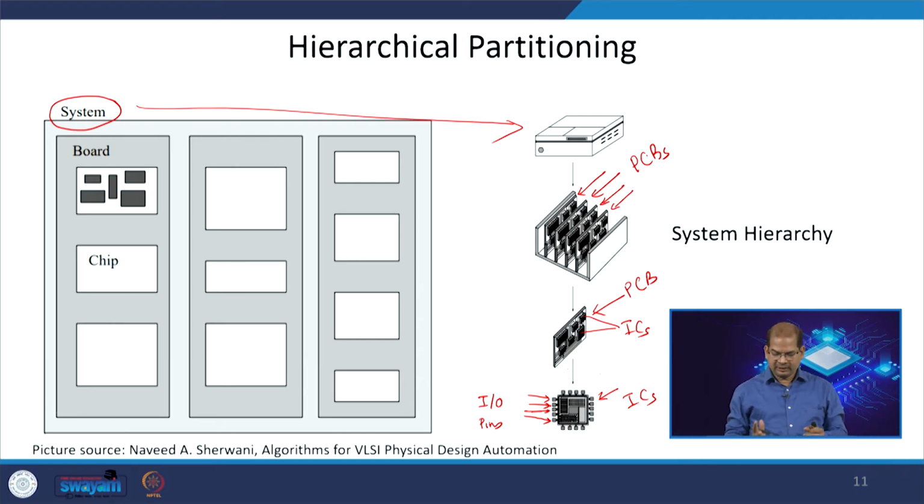That is the interface between the internals of the chip and the outside world. Whenever we design the chip, we can decide how many IOs there can be. It has an upper level constraint and a lower level constraint. I will discuss that when I get to chip level partitioning.